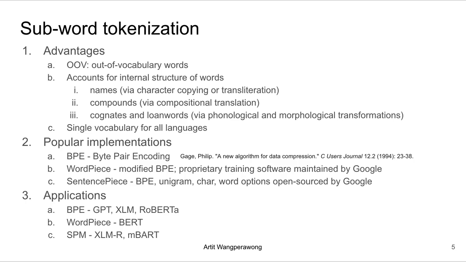Sentence piece includes 4 different tokenization schemes: byte pair encoding, unigram, character level, and word options, and this is completely open sourced by Google. When it comes to applications, byte pair encoding has been applied in GPT, XLM, and Roberta. Word piece has been used for BERT, and then sentence piece has been used for XLM-R and MBART.